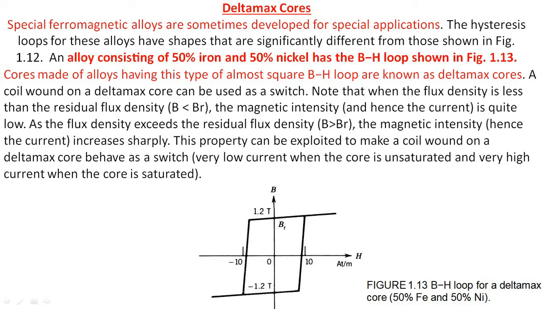This property can be exploited to make a coil wound on a delta max core behave as a switch: very low current when the core is unsaturated and very high current when the core is saturated.